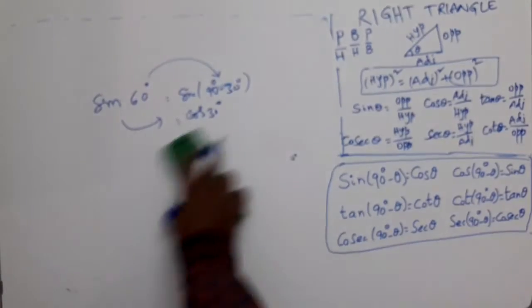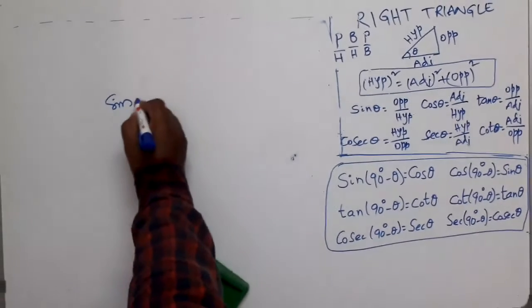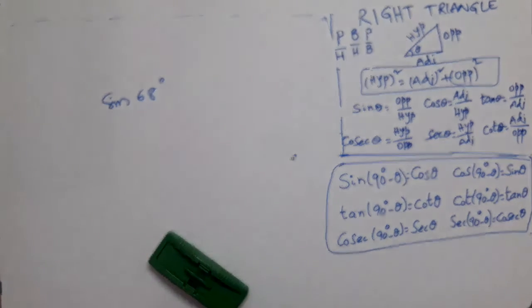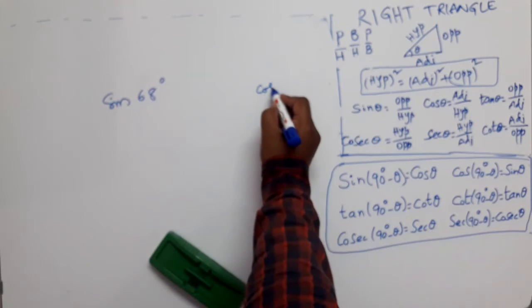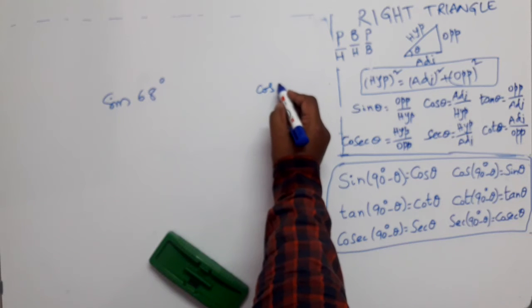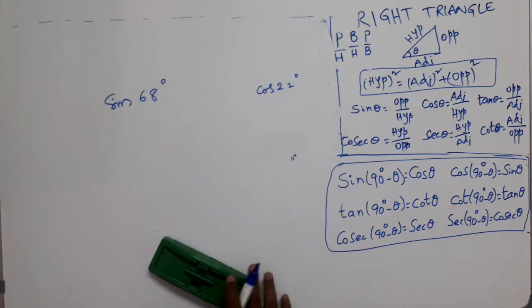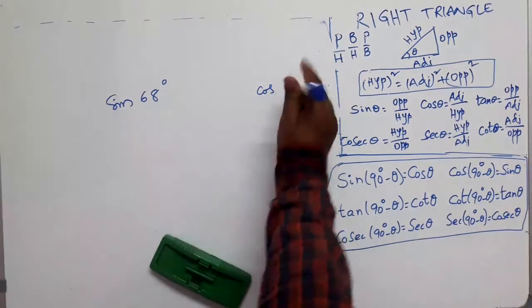Anyway, as the question demands, we will change the expression using these formulae. Let us say I want to find the value of sine 68 degrees. If I know the value of cos 22 degrees, can you tell me, is there any relation between these two?